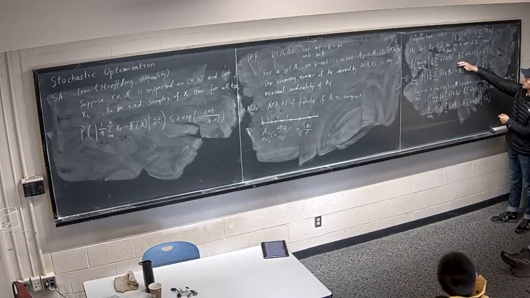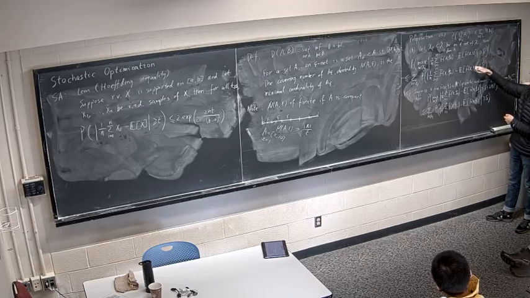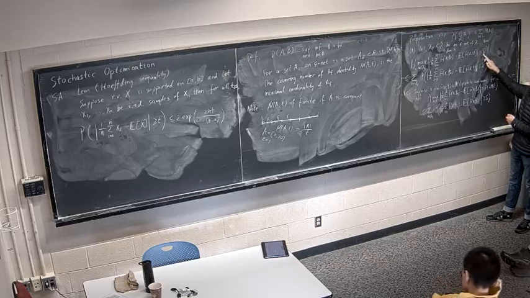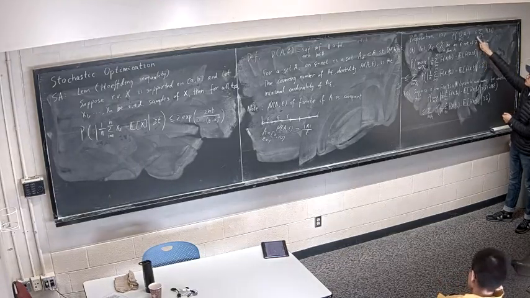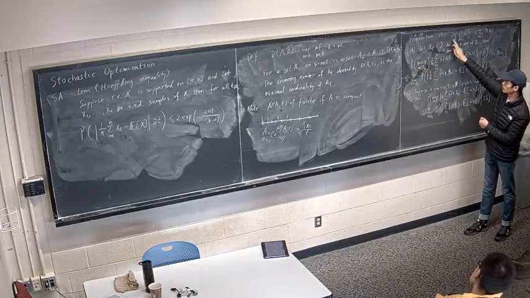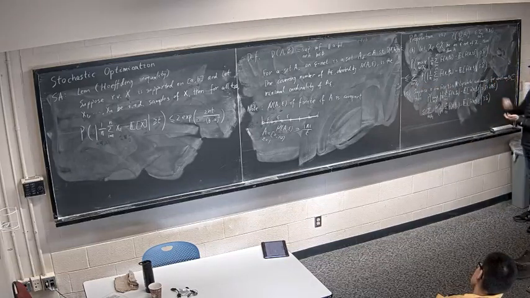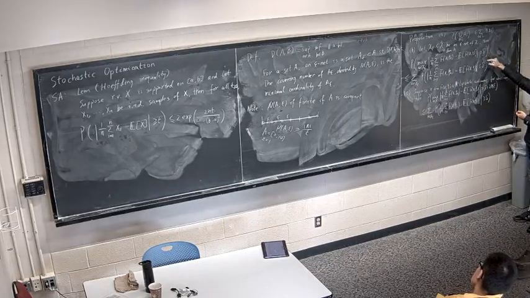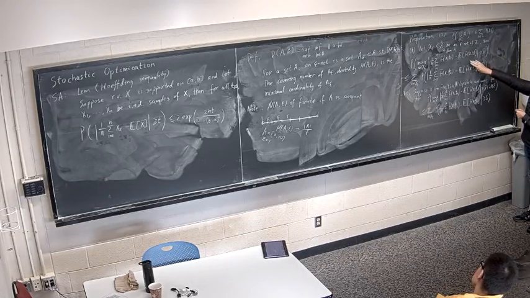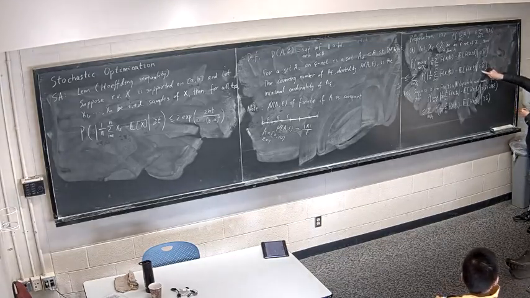If the max of this object over the index set is greater than or equal to delta, then it's equivalent to saying at least one element is greater than or equal to delta. With this observation together with the union bound, you can show this probability is less than or equal to the summation over the index set. You need some thinking here, but basically it's two facts: if the max is at least delta, then at least one element is at least delta, and then the union bound gives this inequality.